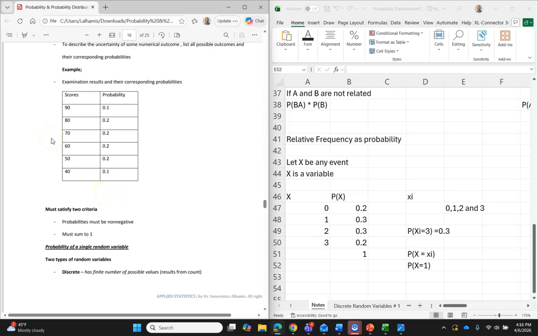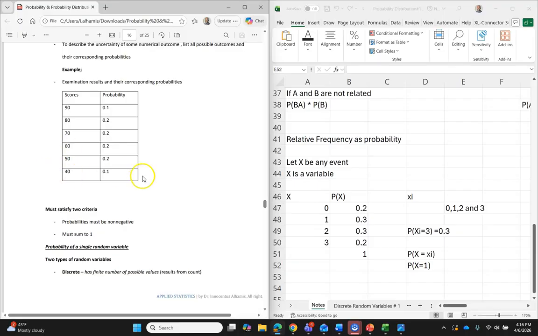So in this case, assume that scores are x. What is the probability of x such that x equals 60? It is 0.2. What is the probability of x such that x is 80? This one here, it is actually 0.2. And finally, what is the probability of x such that x equals 40?